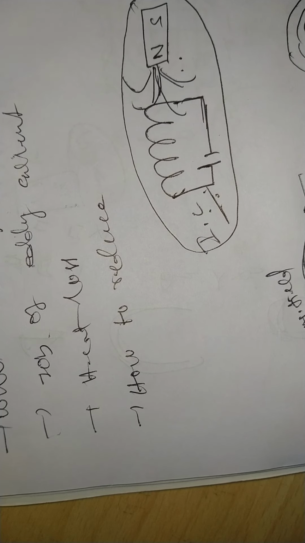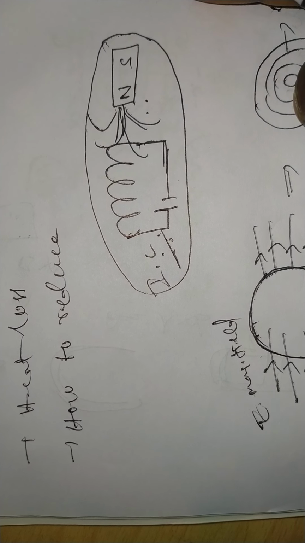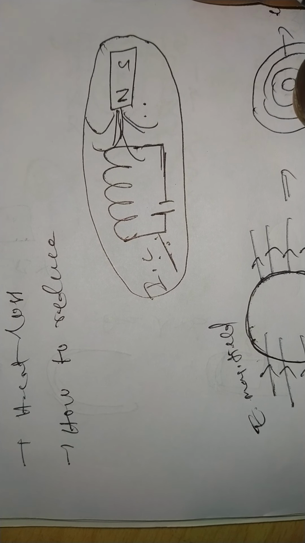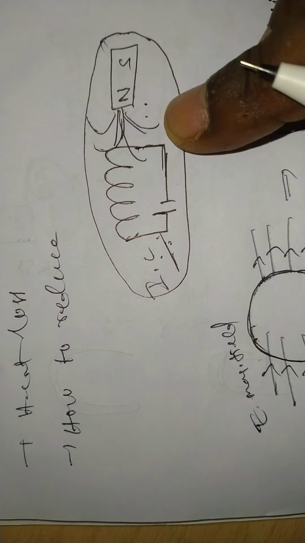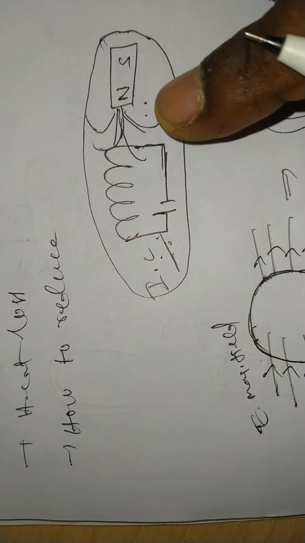an induced current. Okay, it is one kind of current. It depends upon electromagnetic induction. This is a phenomenon of electromagnetic induction. Okay, what is electromagnetic induction? You know the relation between the electric field and magnetic field.